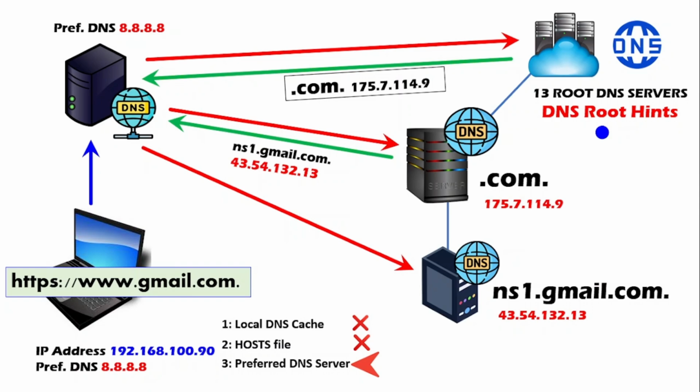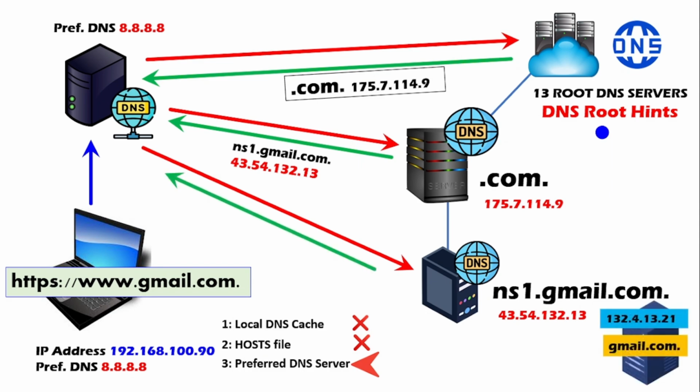Definitely this, say ns1.gmail.com, will say, oh, I am the authoritative DNS for gmail.com. Let me search my database, and it finds the IP address 132.4.13.12, and it hands over the IP address to the preferred DNS.